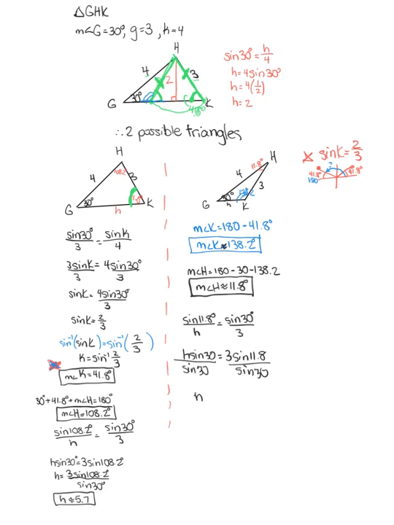H is equal to 3 sine 11.8 degrees divided by sine 30 degrees. H is approximately 3 sine 11.8. I should have used an exact answer. I think either way you get 1.2.